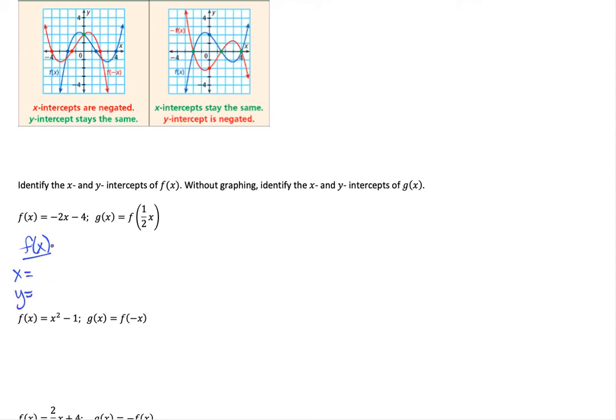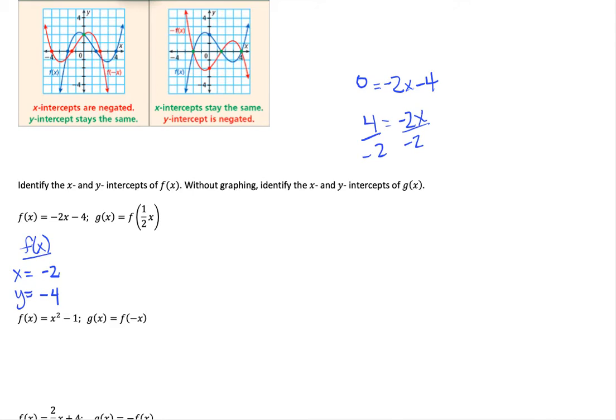The y-intercept's the easy one, right? That's just down 4, so the y-intercept is negative 4. To find the x-intercept, you have to put 0 in for y. So 0 equals negative 2x minus 4. I'm going to add 4 to both sides, and then divide by negative 2. So my x-intercept is going to be negative 2.